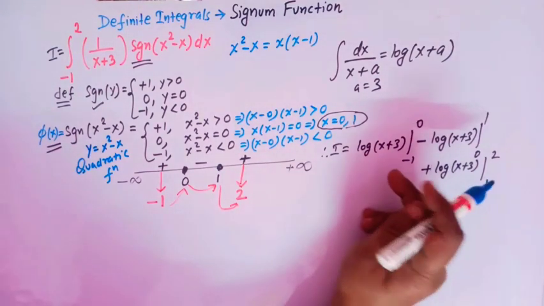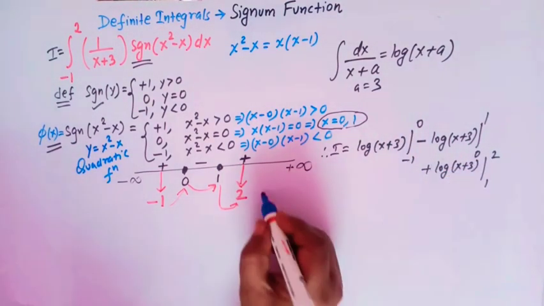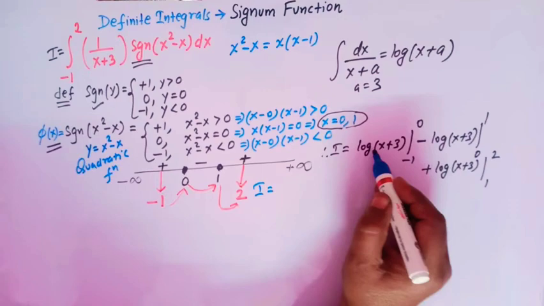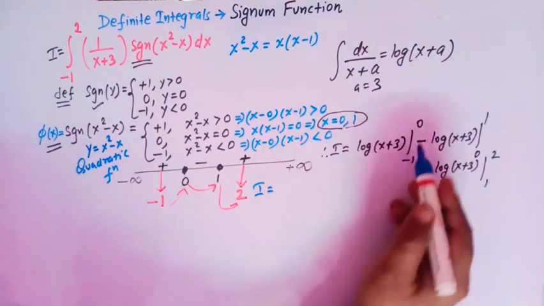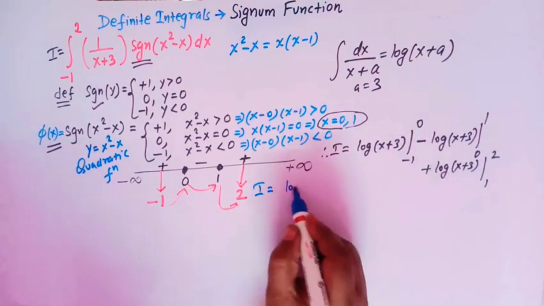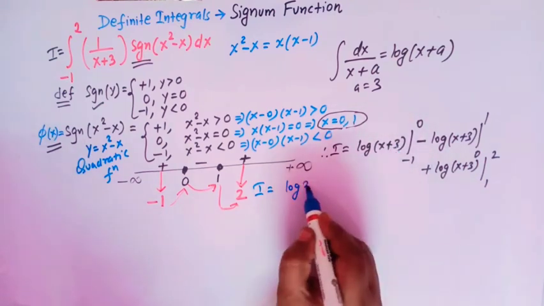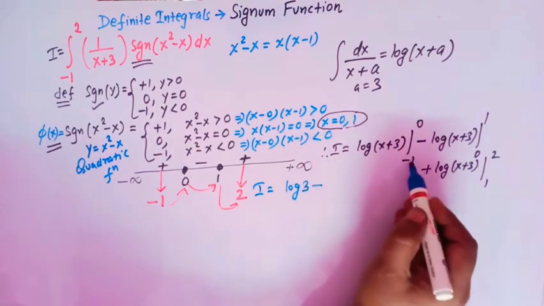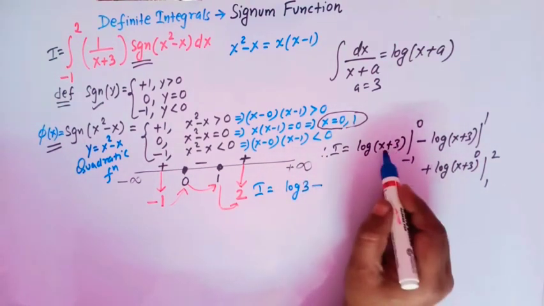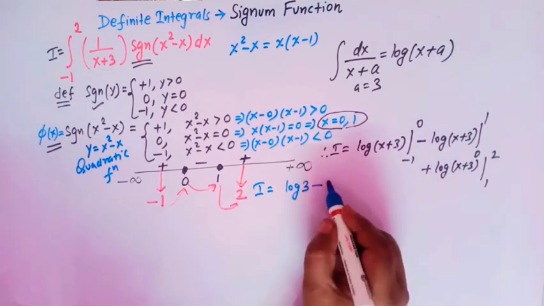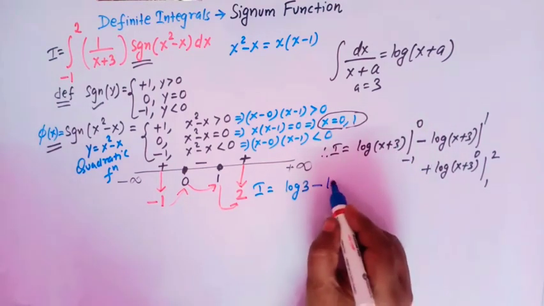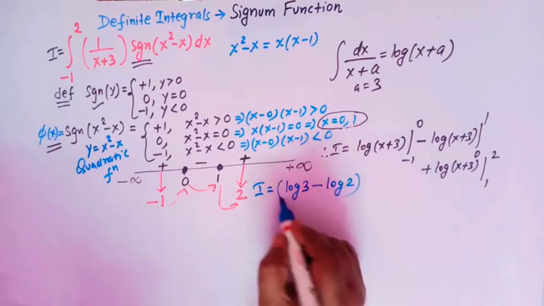So now we can substitute the limits, and we'll take the difference. When x is 0, we have log of 0 plus 3, that is log 3, minus, when x is equal to -1, we have -1 plus 3, that is log of 2, right?